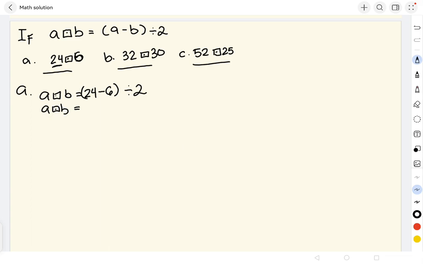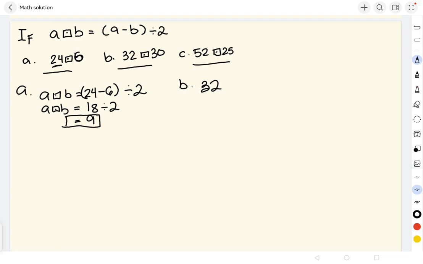So 24 minus 6 is in the parentheses. So 24 minus 6 is equals to 18. Divided by 2 is equals to 9. So letter A is 9.